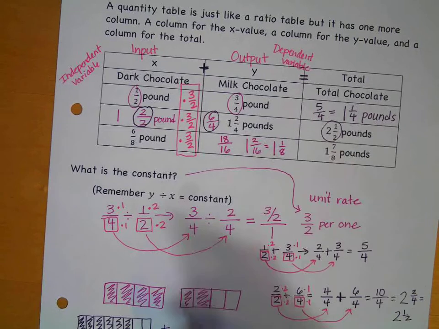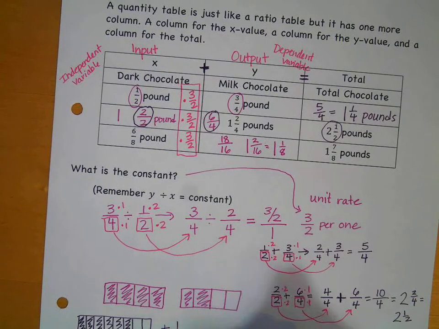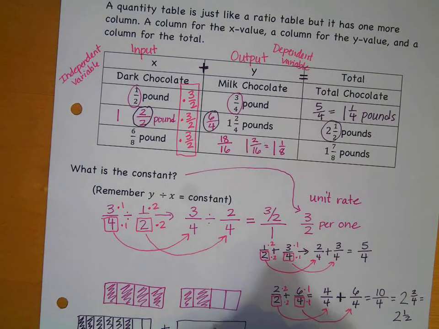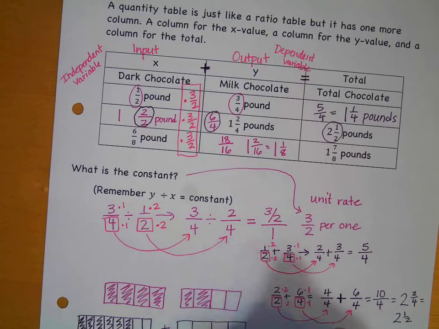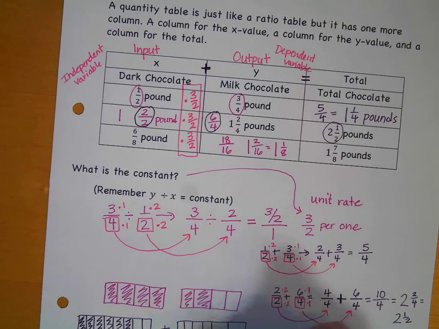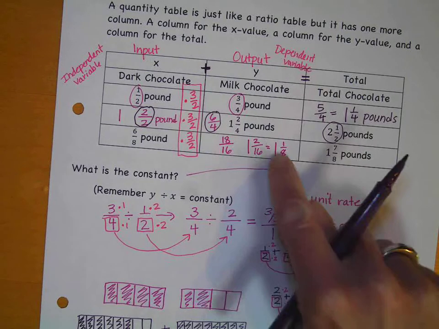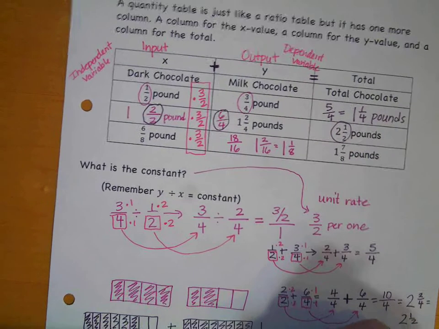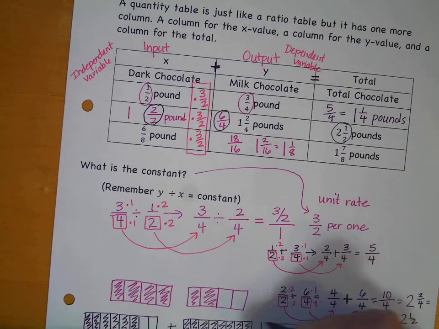We have 6/8 plus this one up here, which is 1 1/8. We have 1 whole, so that means everything in here is colored in, right? And then it said 1 1/8, so I have to draw one more.